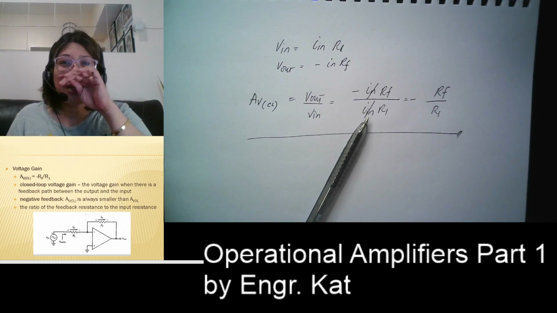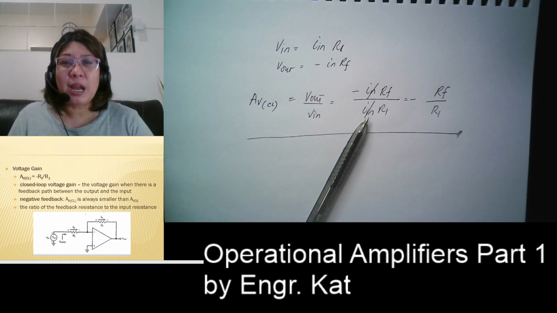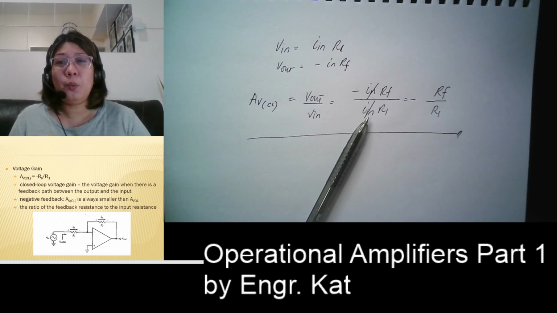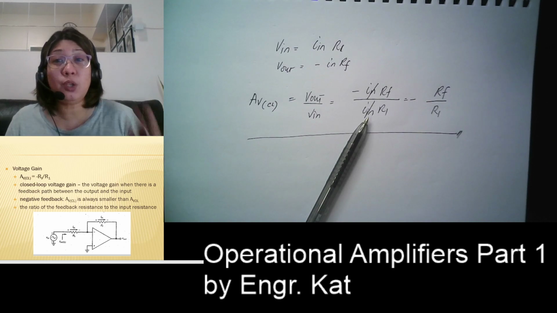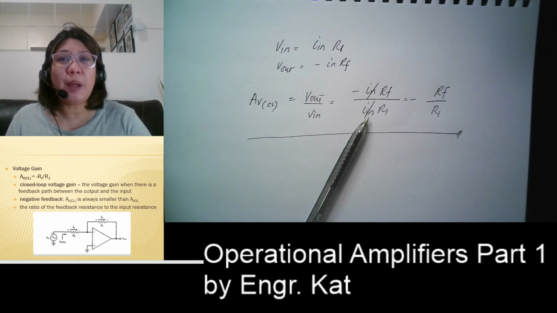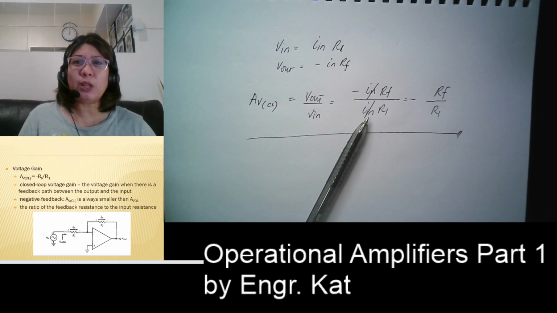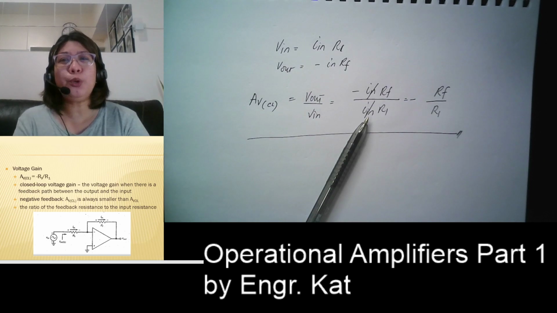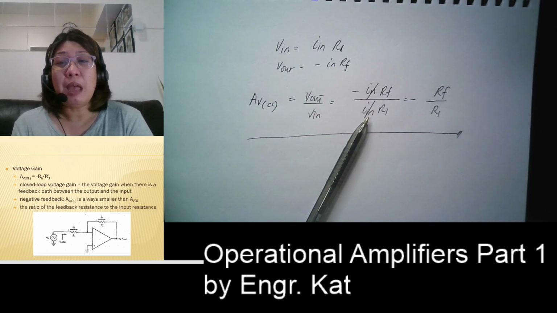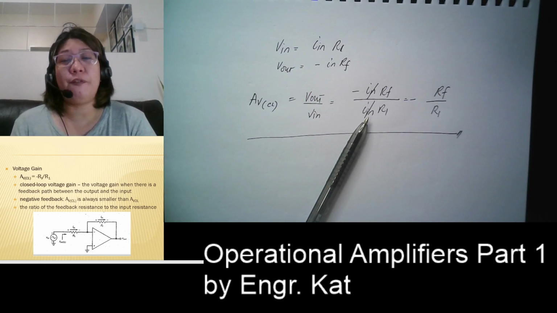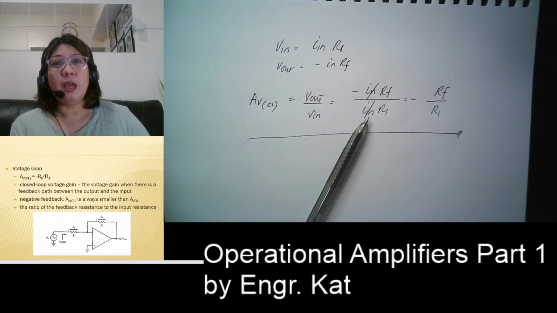So when we are talking about an inverting amplifier, what parameter gives you your voltage gain? It is not anymore what op amp you are using. Your gain will be dictated by the values of RF and R1 that you are using.